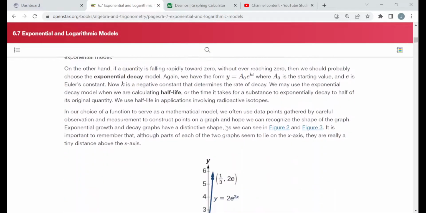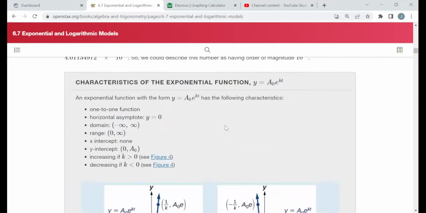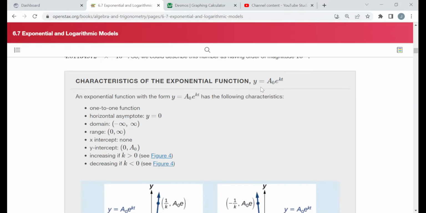They have a little box down here talking a bit more about it. Y equals a sub 0 times e to the kt, where t is in time units. K is called the continuous growth rate or continuous decay rate, depending on if it's positive or negative.